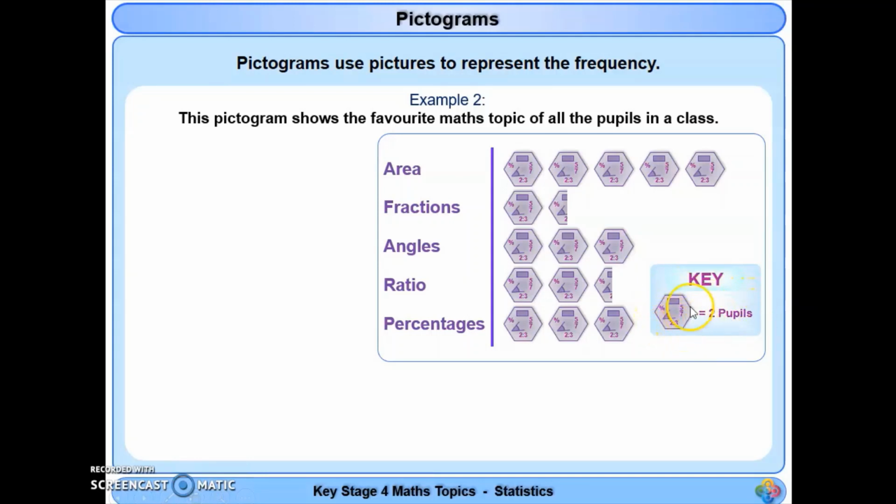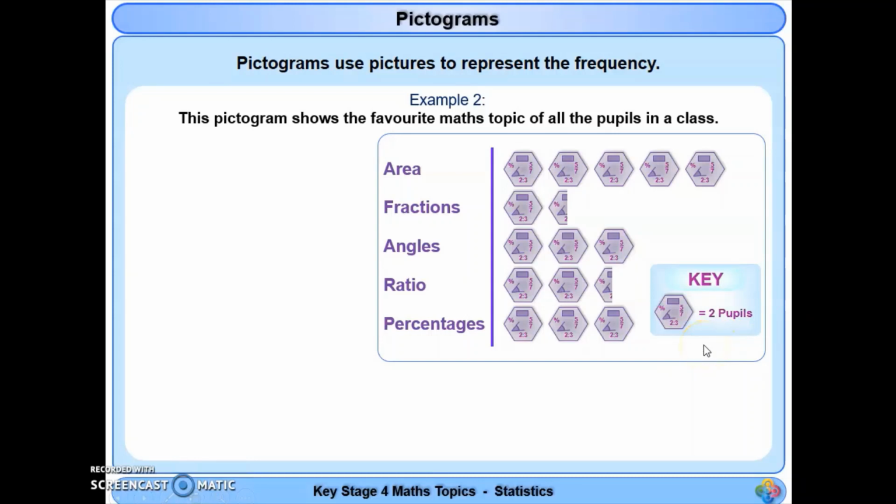I could have picked any little image, any picture to represent two pupils, but we just try and keep it slightly related to the topic. When you come to draw your own pictograms, you will be picking the image and then deciding how much it represents.